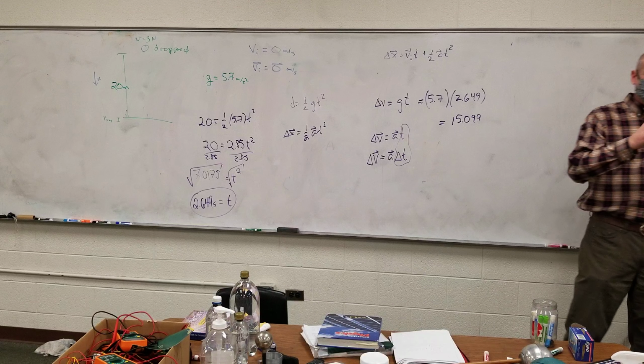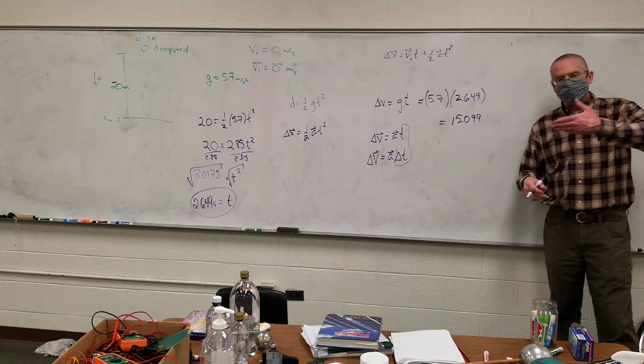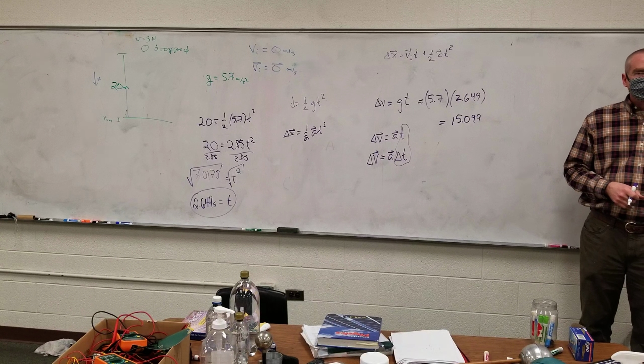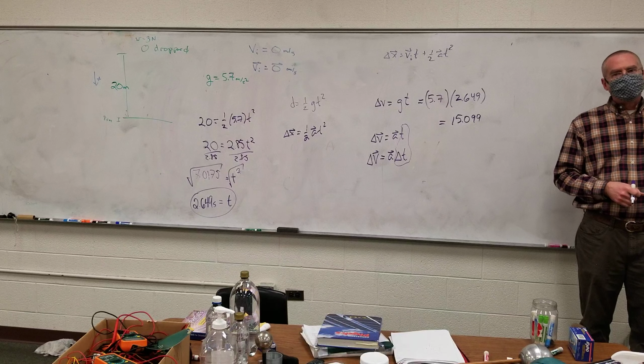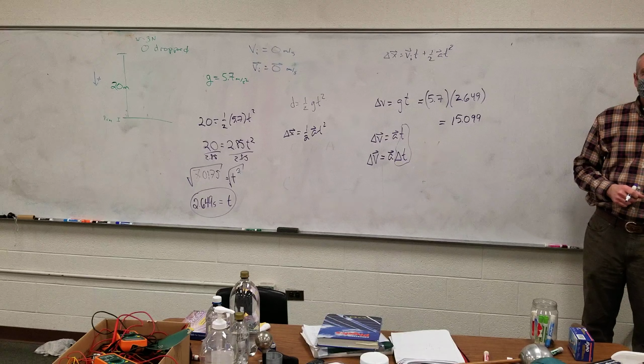Now that is the change in the speed, or let's use better wording, that's the change in velocity. But I start out at 0, so that's also my final velocity. That's how fast I'm going just before I hit.